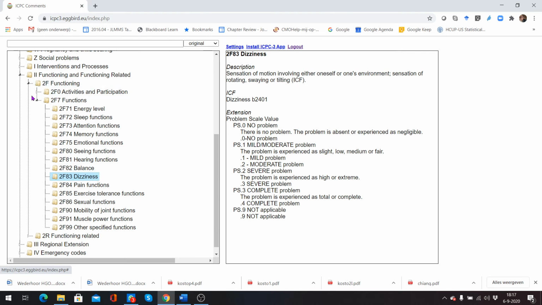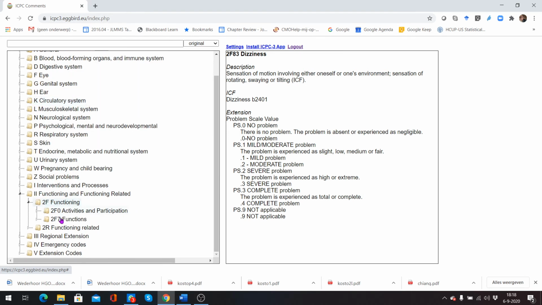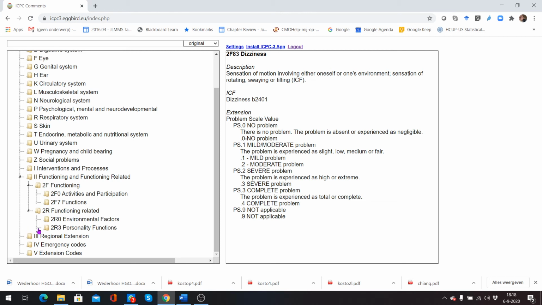The component 2R, functioning related. The classes in functioning related factors describe the context in which the functioning takes place and how or with which support the functioning is performed. There are two subcomponents, the environmental factors in which the person lives, the things outside the person, and the personality functions.